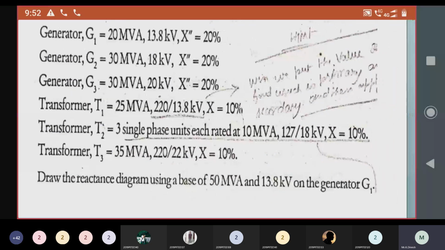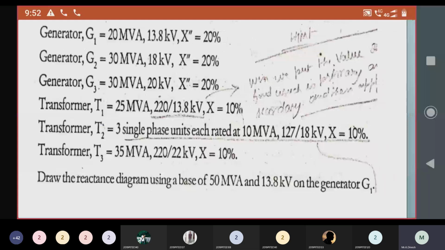The transformer T2 is three single phase units, each rated 10 MVA, 120 and so on, with the reactance value. And transformer 3 is 35 MVA, 20 by 22 kV, X reactance is 10%.